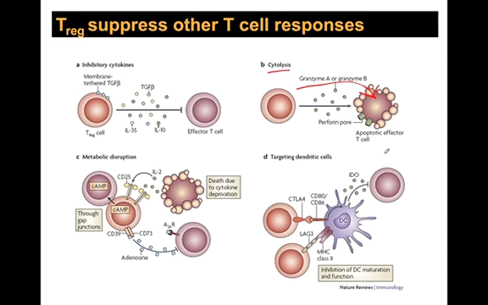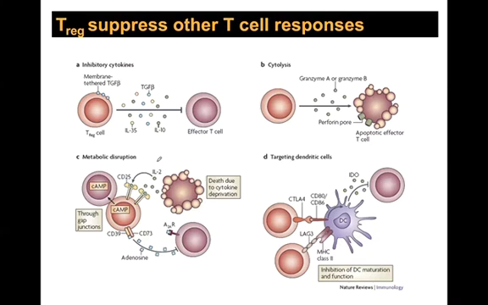Remember, if you're a developing T cell and you have super high affinity for a self-antigen, well, then you become a natural Treg and you go out and you look for other cells that have that and you're trying to shut down responses to those. And so Tregs can kill effector cells and sort of shut down the response that way. But those are sort of not as efficient as the other two mechanisms.